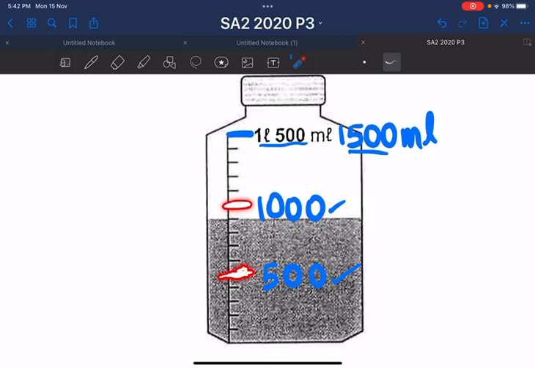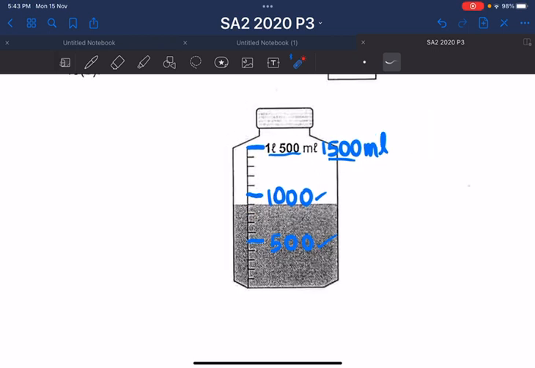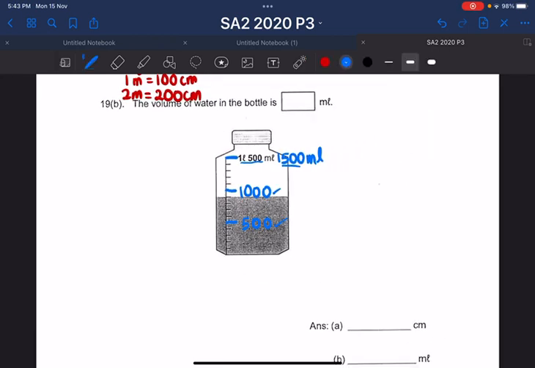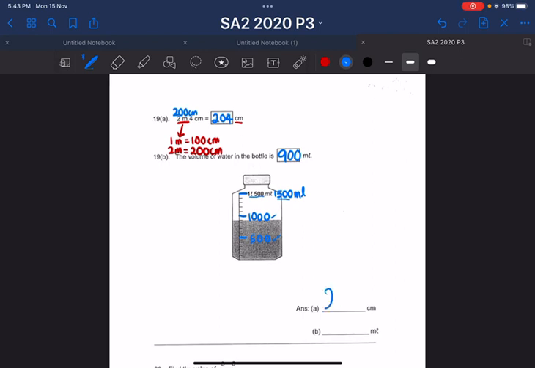So if we count the lines again properly, this will be 600, 700, 800, 900, and the next line 1000. So can you see what is the water level? It is actually 900 milliliters. Okay, so that's how I do the conversion. 204, 900. These are the two answers for question 19.